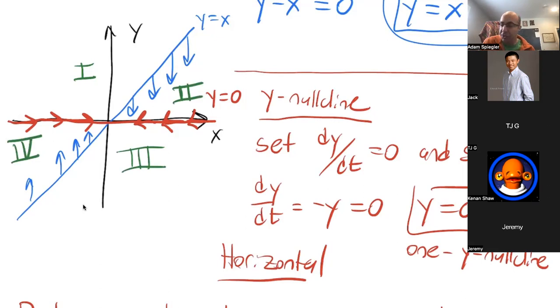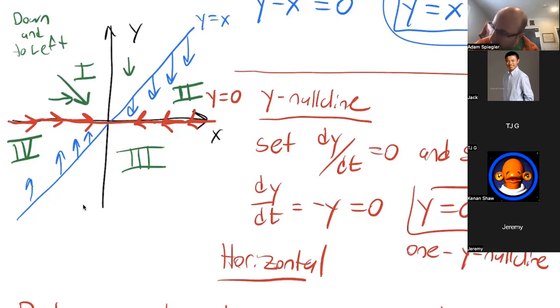And so in region 1, it's trapped between a nullcline that's pointing in this direction and a nullcline that's pointing in that direction. So this tells me that all of the vectors in region 1 are pointing down and to the left. So the exact slope, not that important, but at least I can indicate they're pointing down and to the left.